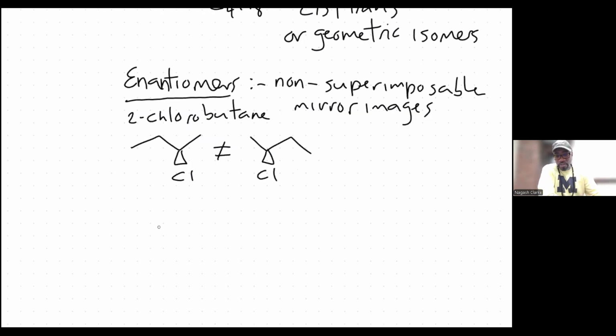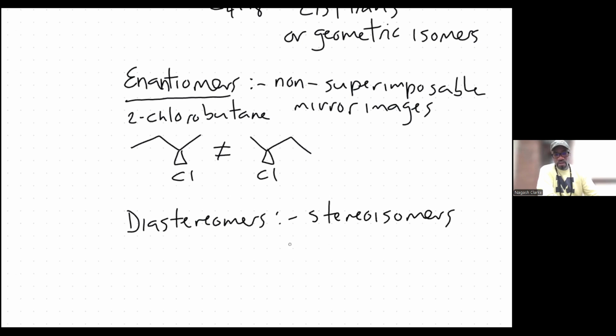So another type of stereoisomers are called diastereomers. Diastereomers. These are stereoisomers that are not mirror images.